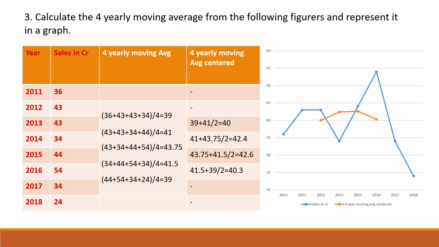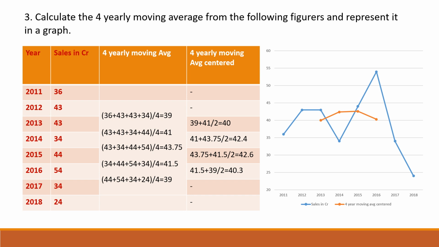See, the main advantage of moving average is that it is objective in nature. Objective means everybody will calculate, and the same trend values will be there. And if we add any more figures to the data, there is no need to calculate from the beginning as the average is moving. But the main demerit is that there is no functional relationship between time and values.